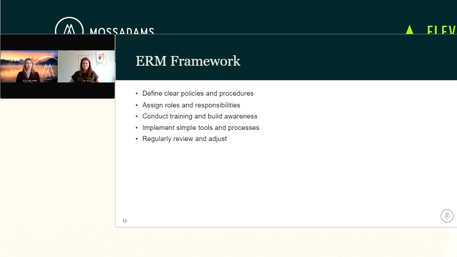But just as a preview, implementing things like risk registers or risk assessments can help you track and manage your risks without creating too much complexity within the process. And those tools can be flexible and adaptable to fit your organization's size and needs. And then finally, as with any process, you want to regularly review and adjust your framework to make sure that it continues to meet your organization's needs over time.